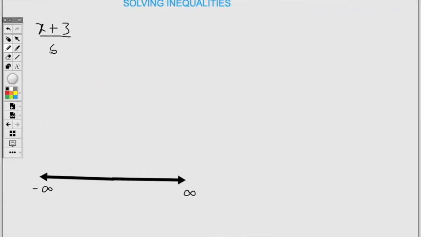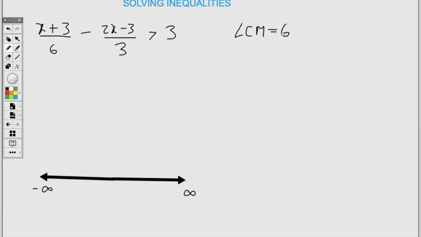Next example, we're going to find the LCM for this inequality. Before we go ahead and solve, the LCM for 6 and 3, the lowest common multiple, is 6.